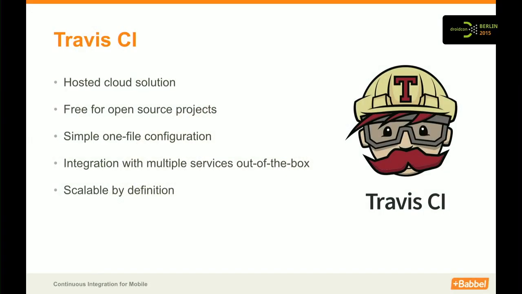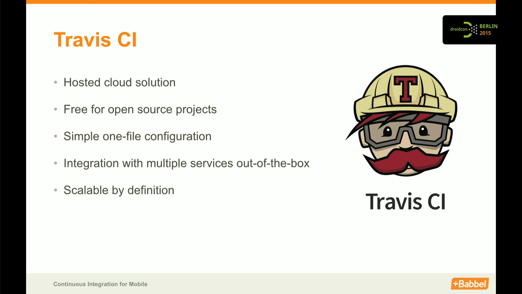So if you're a small team, if you're doing something open source, that's the way to go. But at the same time, you can have premium accounts if you are a bigger organization and you want to keep your code private. The configuration is super simple. It's just one file, just 5 lines more or less that you can find on their website, or a lot of forums provide some more customizable configurations.